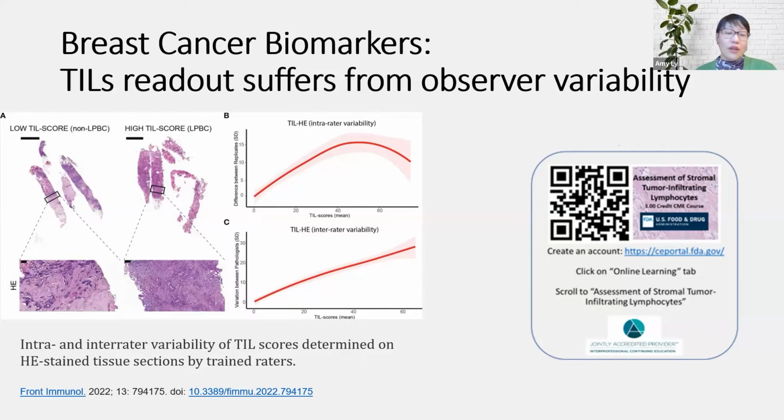So, of note, the US FDA has created a CME course to train pathologists in breast cancer TIL assessment to enhance our accuracy, because as we build AI models, this is such an important point that our reference standard be as clean and accurate as possible. So you can scan this QR code if you're interested and sign up for this course.